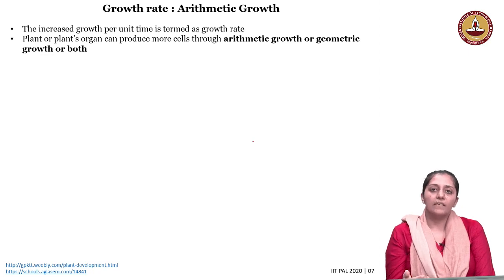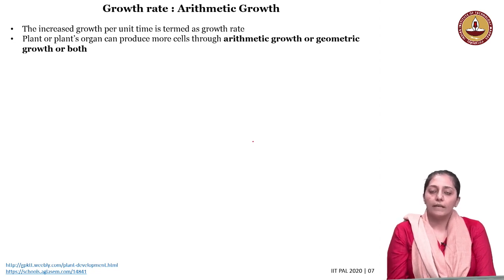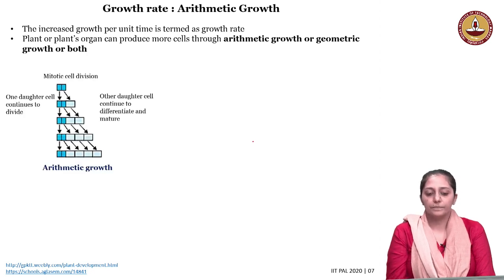So, anything rate means we are determining per unit time. Growth rate would be the rate at which the growth is happening. A plant or plant's organ can produce more cells through arithmetic growth or geometric growth patterns, or in fact you can also observe them happening simultaneously.